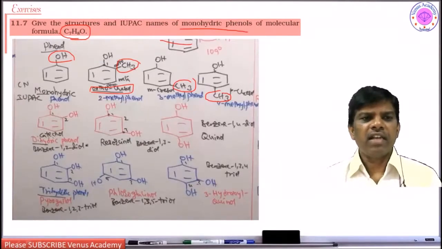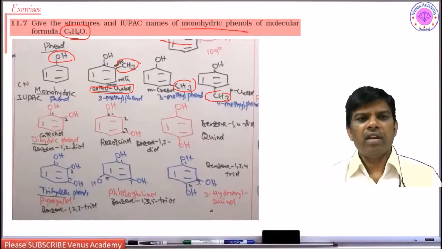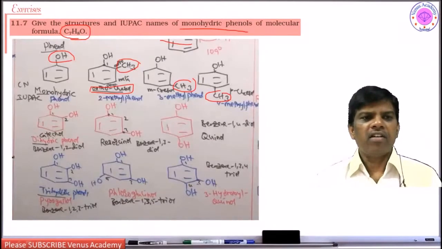For your understanding, I have explained the dihydroxy compounds: catechol, resorcinol, quinol, and the trihydric phenols, pyrogallol, phloroglucinol. So monohydric, dihydric, trihydric. The common names are phenol, orthocresol, metacresol, and paracresol. Dihydric phenols are catechol, resorcinol, and quinol.